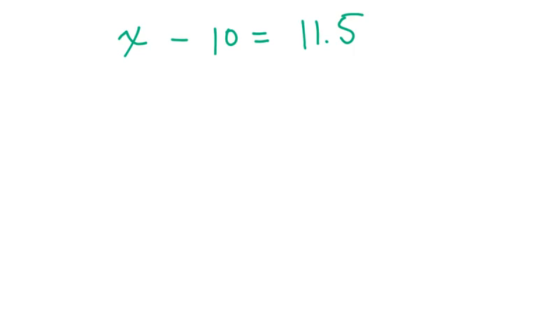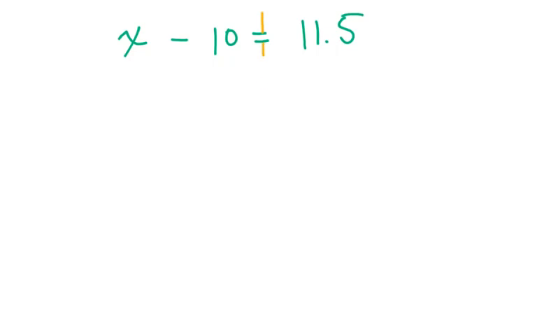So we're saying take away 10 equals 11.5. Some of you could do that in your head with guess and check, but let's use our algebra skills, because we're going to use simple problems to practice our algebra skills, and then we're going to put them on more and more complicated problems.